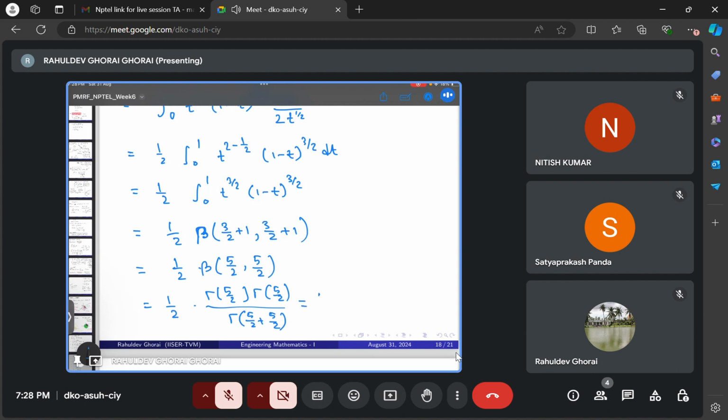That implies half. What is gamma 5 over 2? That will be 5 over 2 times gamma 3 over 2. Gamma 3 over 2 will be 3 over 2 times gamma half. You understand what I am doing? If not, please tell me, okay?